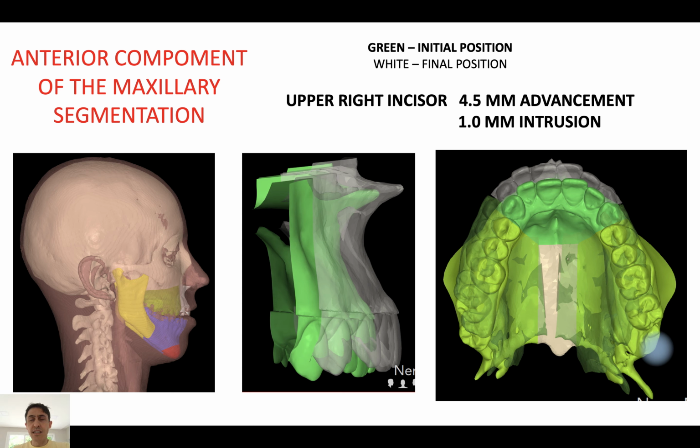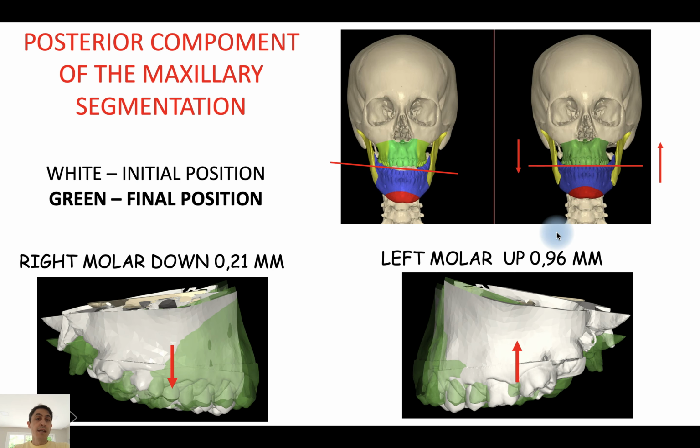In an individual analysis of this maxillary segmentation, I can observe the movement, for example, of the anterior segment going forward with a little intrusion. You can observe this movement in an anterior-posterior and an axial view.